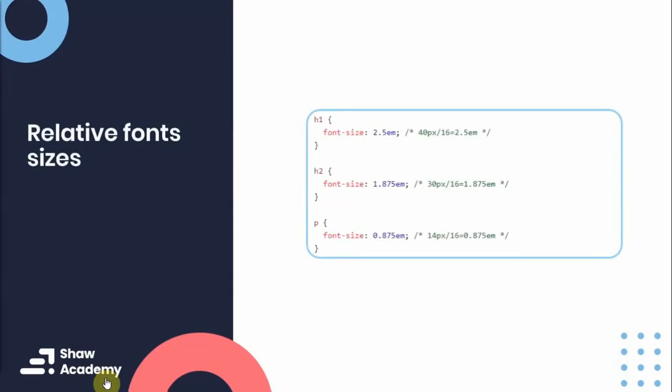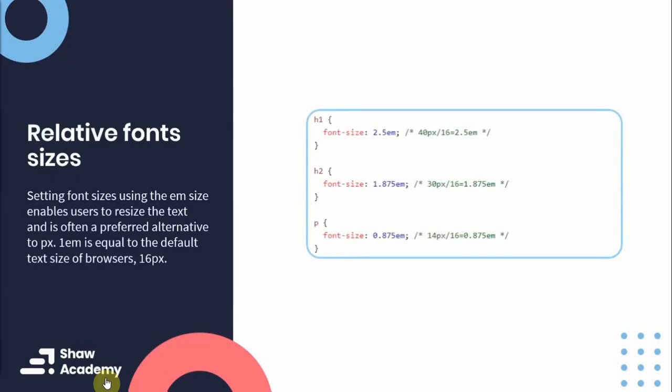Now, on the other end of the spectrum, we also have relative font sizes. And here things work slightly differently. There's actually a formula to this. So when setting font sizes using the EM size, instead of the pixels, it enables users to resize the text depending on their device. So the value is not hard-coded as it is with using pixels, for example.